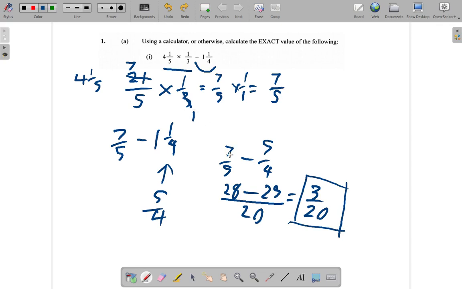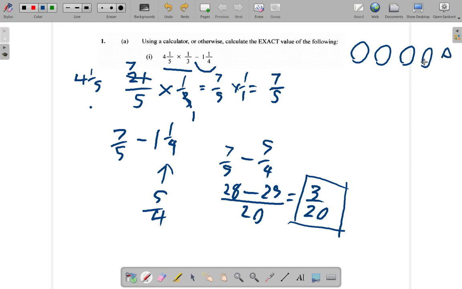Let's just look back at something as a quick small explanation as to how we got the 4 and 1/5 to 21/5. Let's do it over here. 4 and 1/5 is really 4 wholes plus 1/5.